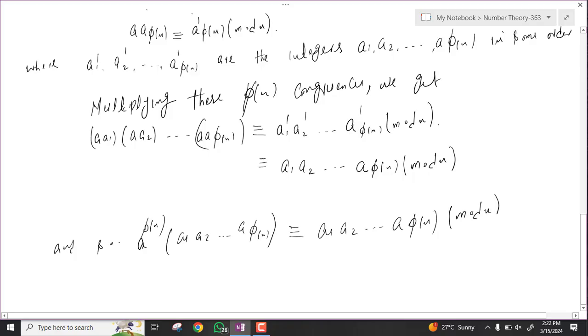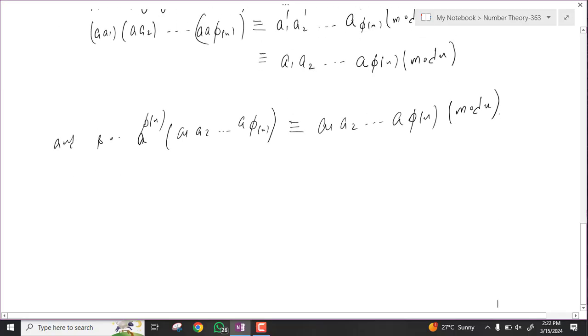Okay. Now see here, as I will write GCD of Ai and n equals 1, as they are relatively prime for each i.